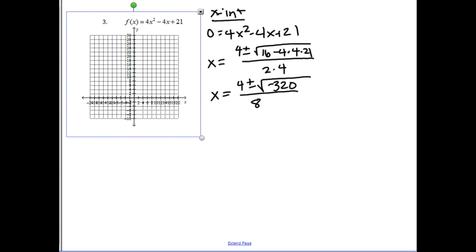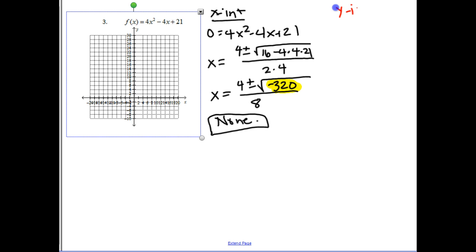Now we have to stop here because we have a negative under the radical. When that happens, that tells you that there are no x-intercepts because we're not going to deal with imaginary x-intercepts.